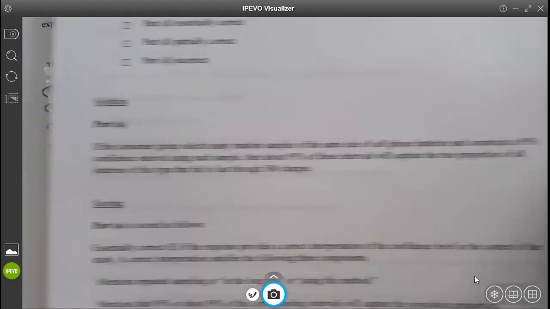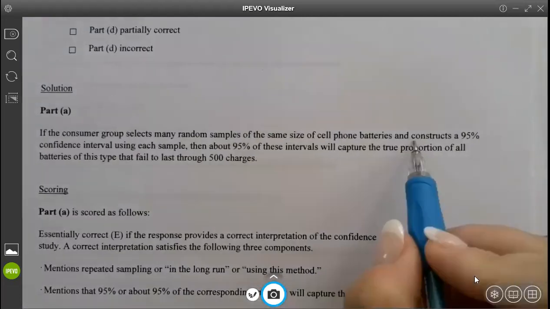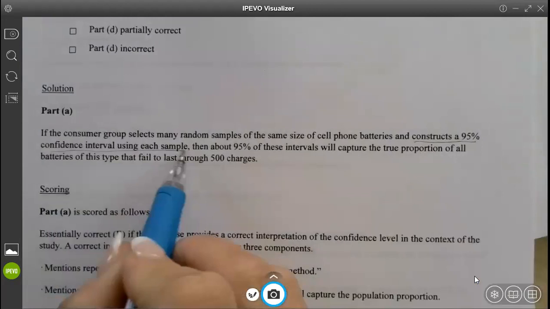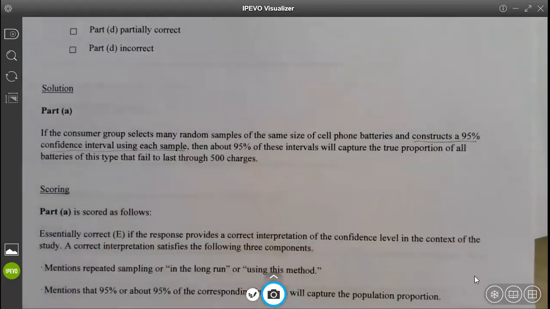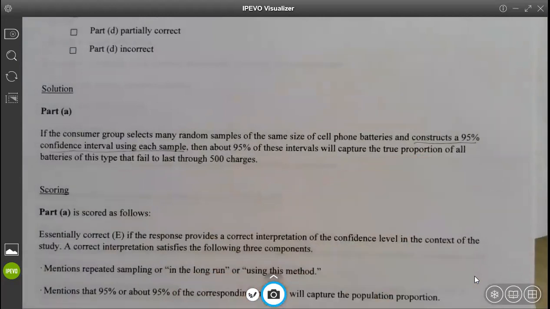If the consumer group selects many random samples of the same size of cell phone batteries and constructs a 95% confidence interval using each sample, that's the biggest part. Construct with each sample. Then about 95% of those intervals will capture the true population proportion of all batteries of this type that fail to last through 500 charges. So just watch it and make sure that you do that. Constructs all the samples.